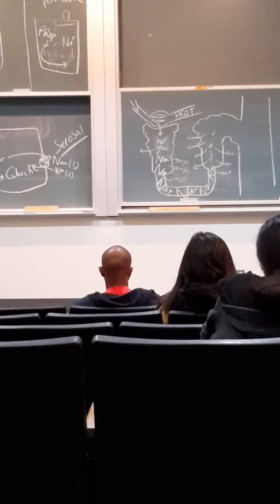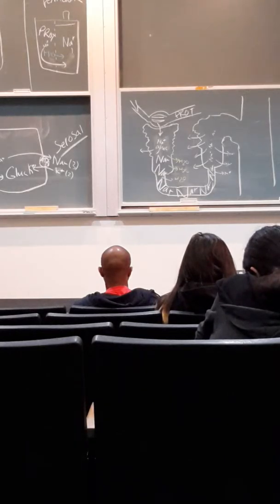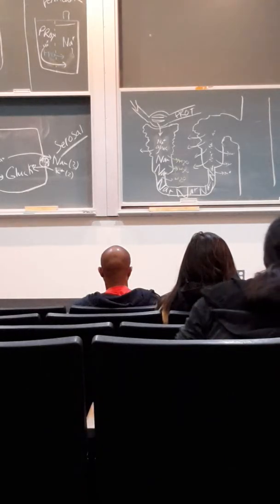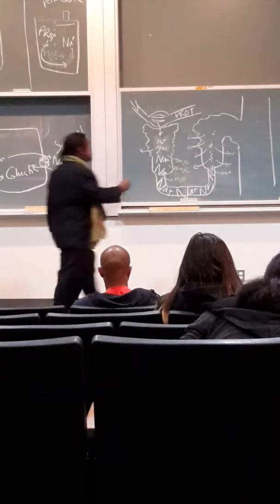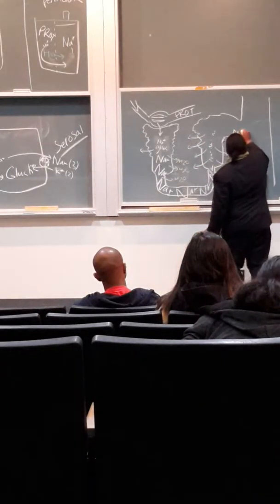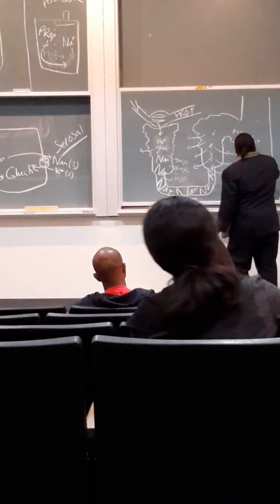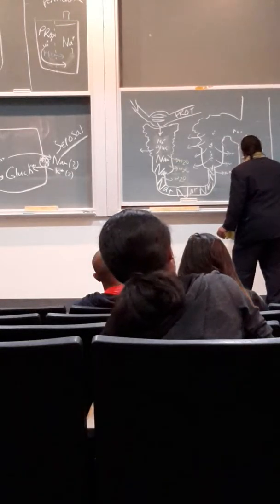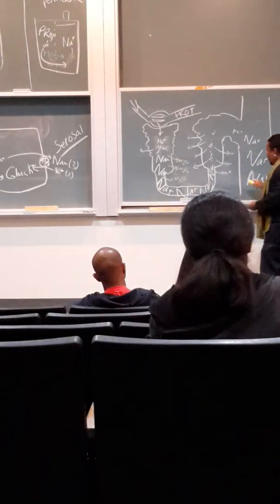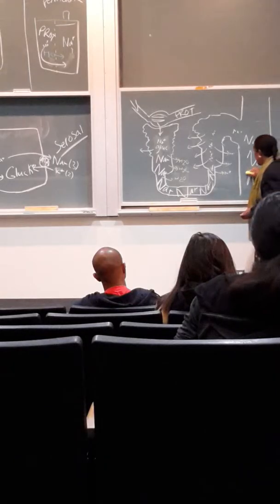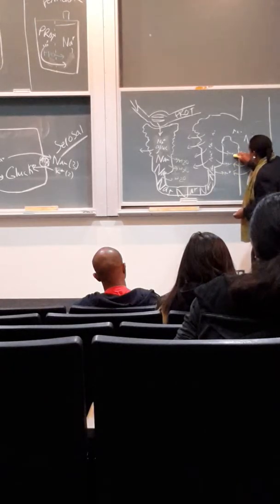That's why they call it the countercurrent multiplier. And then as you go down the collecting duct, and only mammals can do this, as you go down the collecting duct, the sodium becomes more and more concentrated because the water's coming out to meet the sodium that's coming out of the ascending loop.